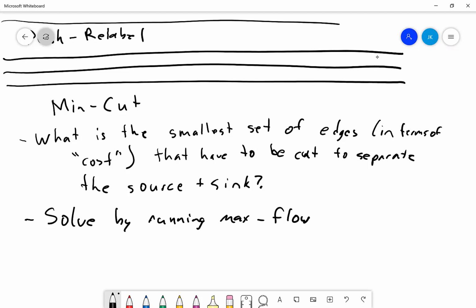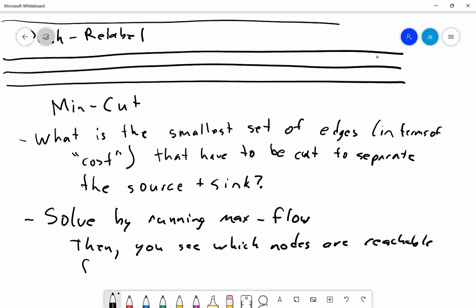So you run max flow, and then you see which nodes are reachable from the source at the end.